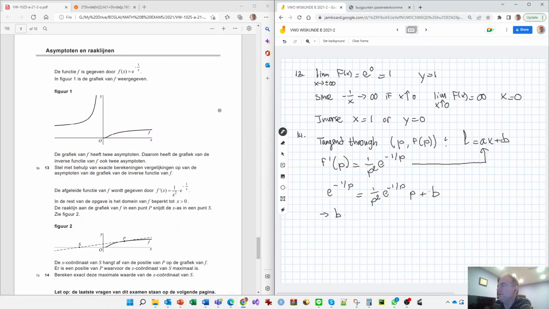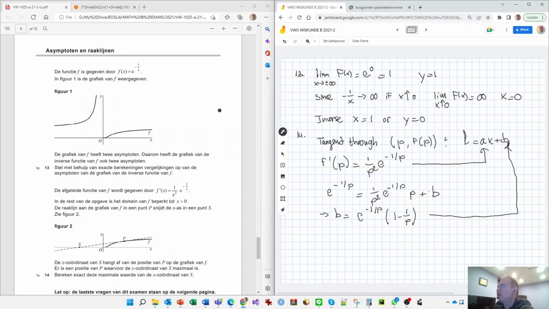So I bring this to the left and I factorize what I can. I factorize e, that is this term with e, so I get e to the power minus 1 over p times (1 minus 1 over p). The p divided by p squared is 1 over p. Okay, so now we have found this one here.